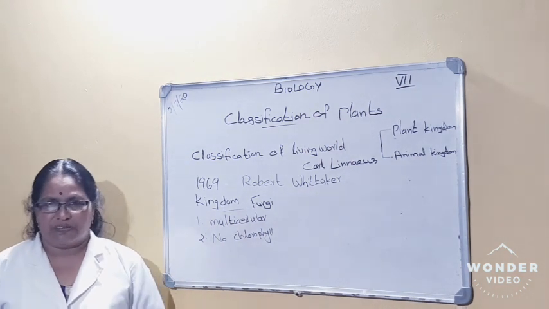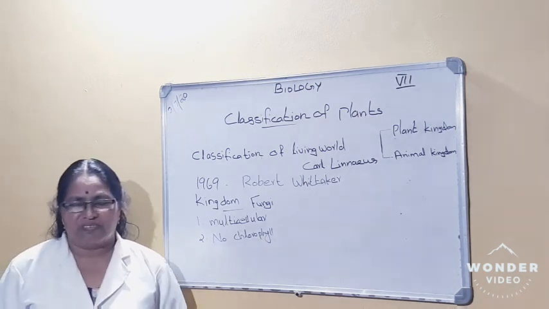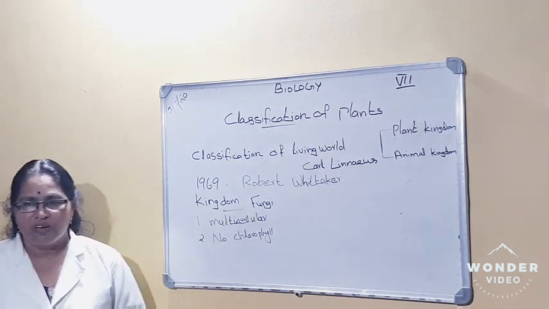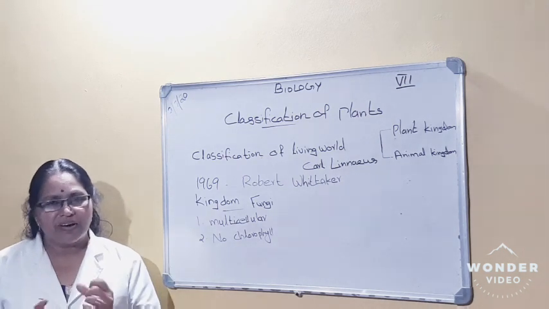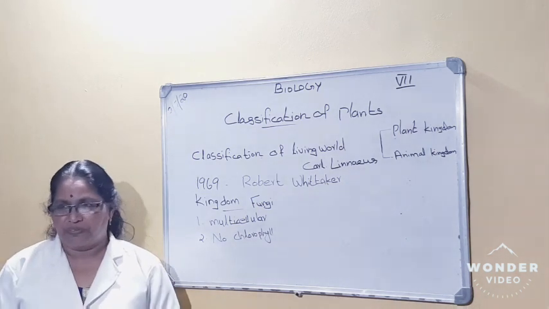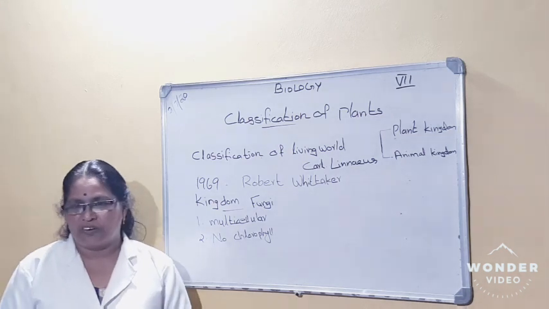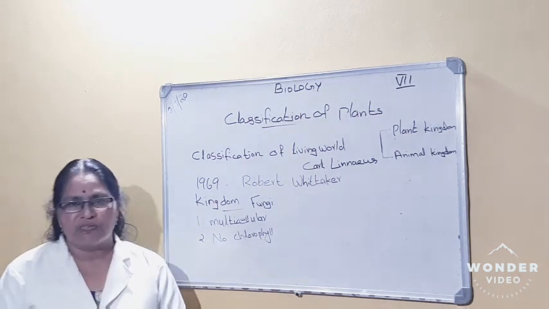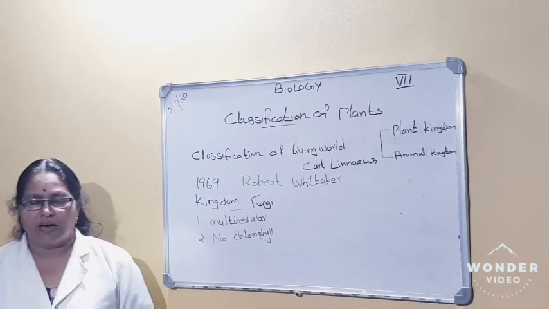Yeast is a fungus. Mushroom is a fungus. Mold is a fungus. Do you know what mold is? That is fungus. The next one, yeast. You are familiar with yeast, which some people use for making very soft dishes.